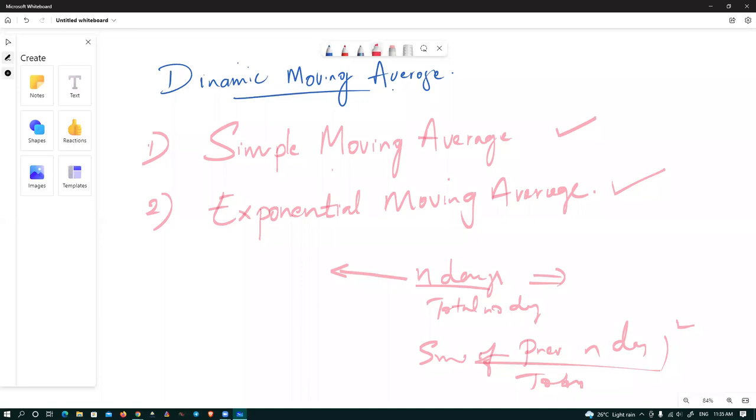See here, simple moving average will be calculated and plotted, and the response of the simple moving average is very dynamic, with too much movement. It is called too much noise.